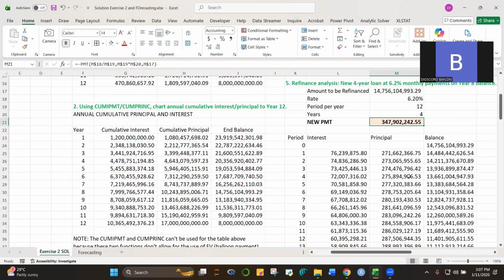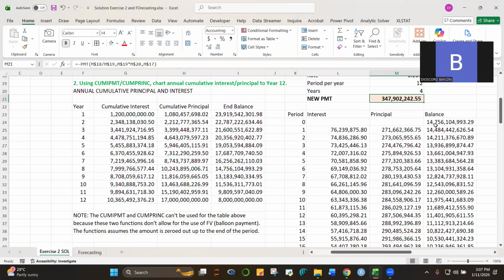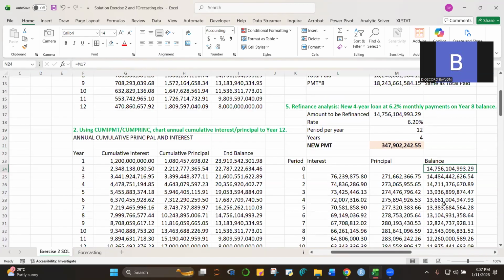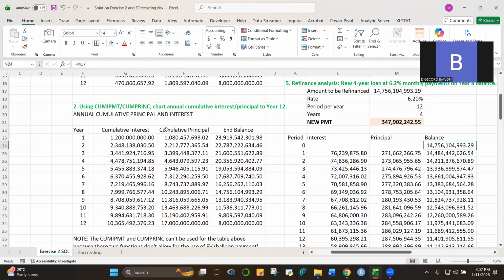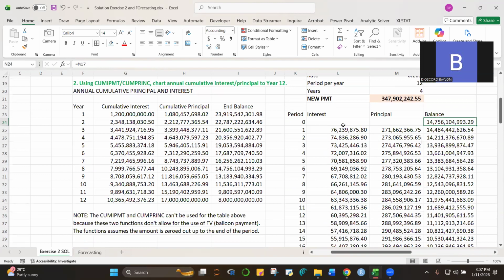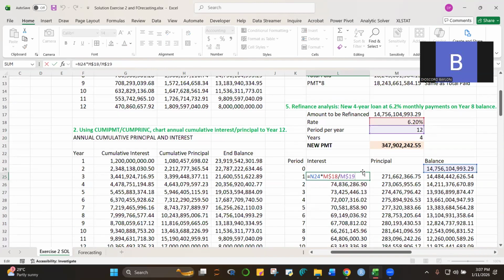We can now create our amortization table. This is the initial balance, the remaining balance, 14 billion. And then we do the same amortization table, just like in number 1. For example, the interest will be the previous balance multiplied by the rate, divided by 12, because this is monthly.